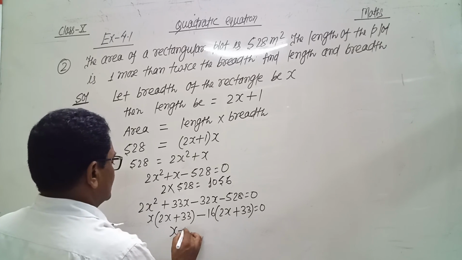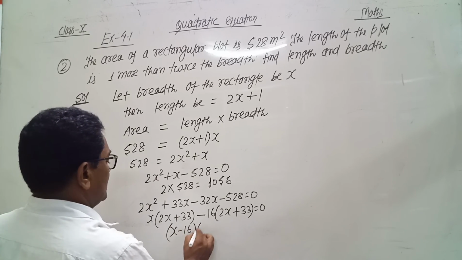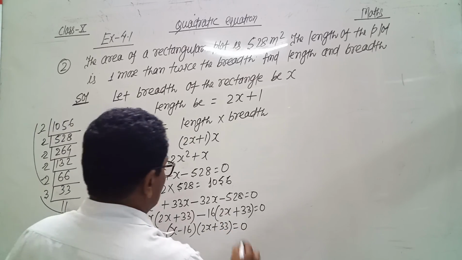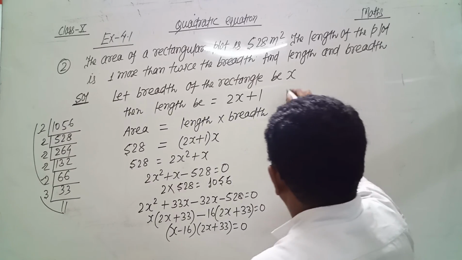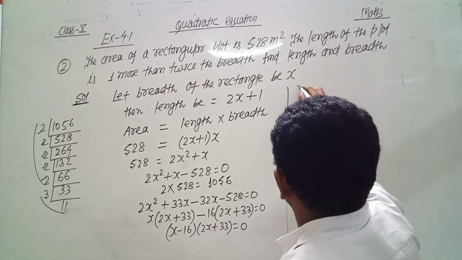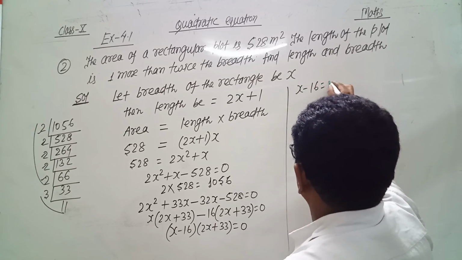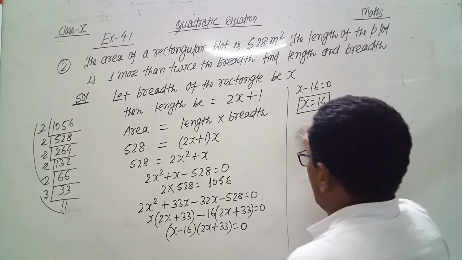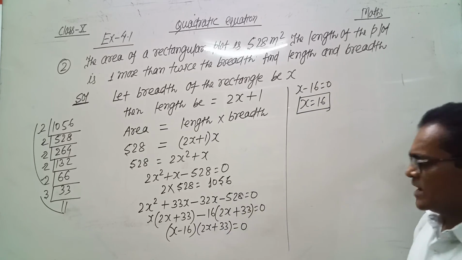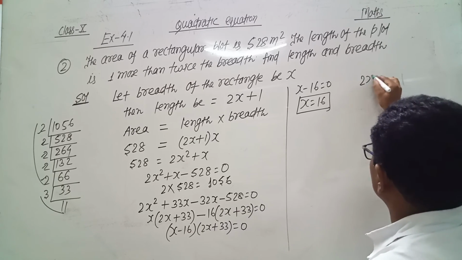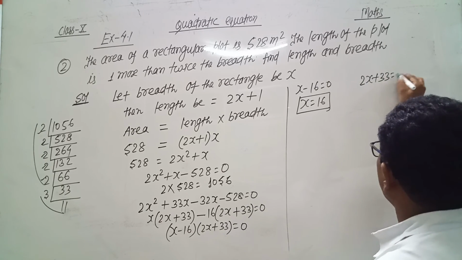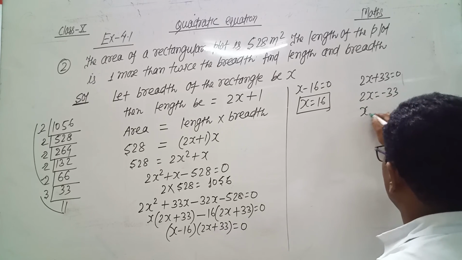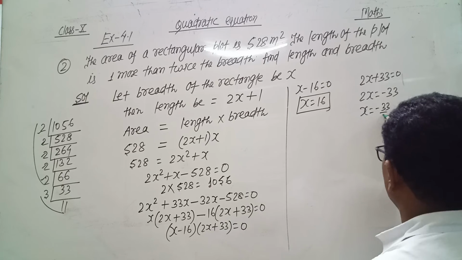So x minus 16 and 2x plus 33 equals 0. Either x minus 16 equals 0, giving x equals 16, or 2x plus 33 equals 0, so 2x is minus 33 and x is minus 33 by 2.